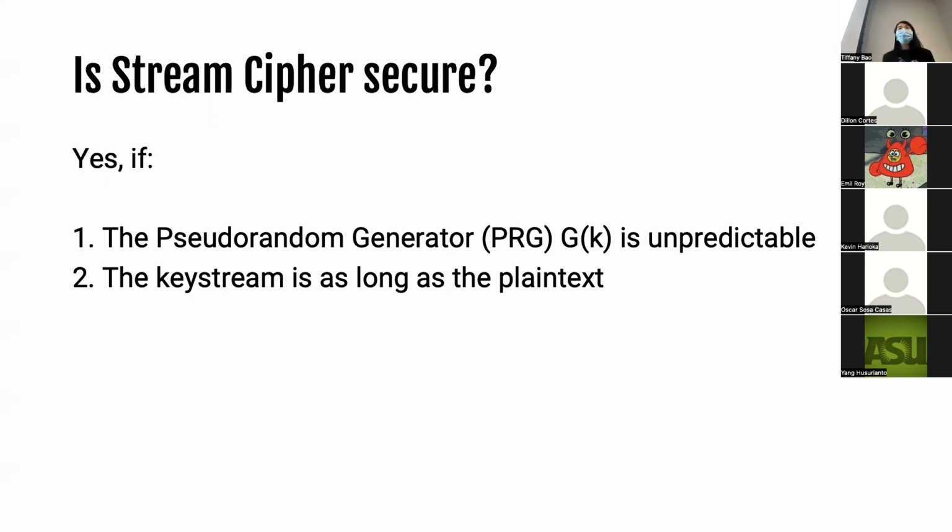In fact, making a pseudorandom generator really unpredictable is not as easy as we thought. That's why, for many stream ciphers, their major work is to focus on how to generate a pseudorandom generator in a reasonable, scalable, but also reasonably secure way.